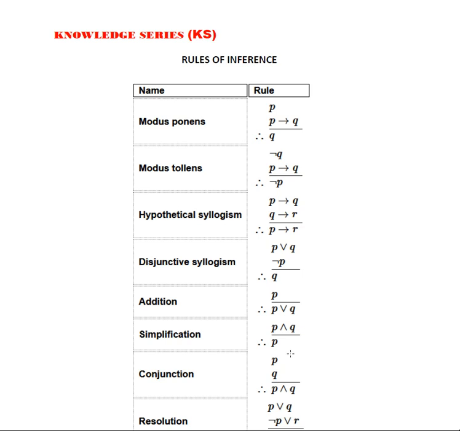Today we will discuss rules of inference. This is another important segment of fuzzy systems, because in this inference there are certain factors that we have discussed in the previous series on fuzzy propositions.